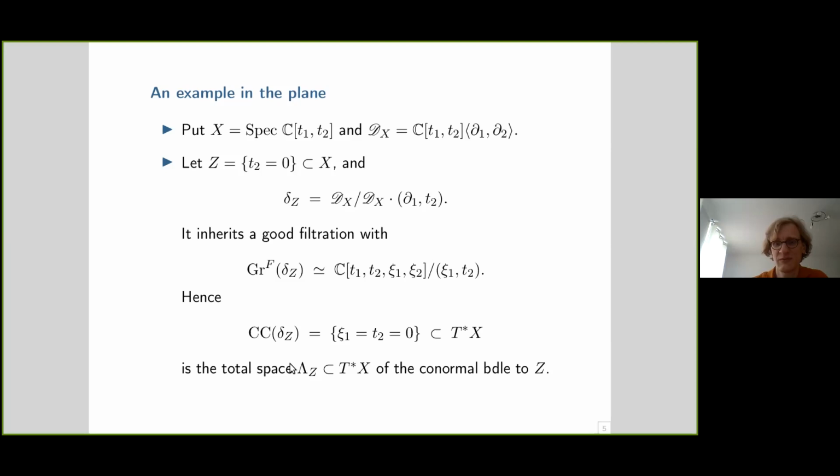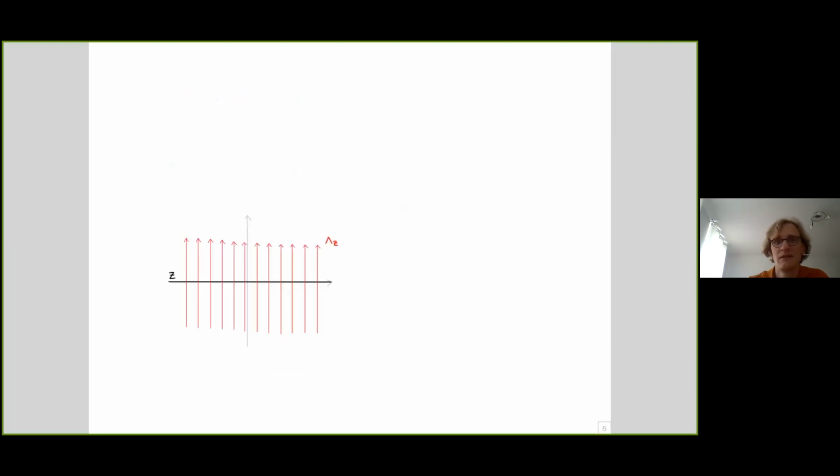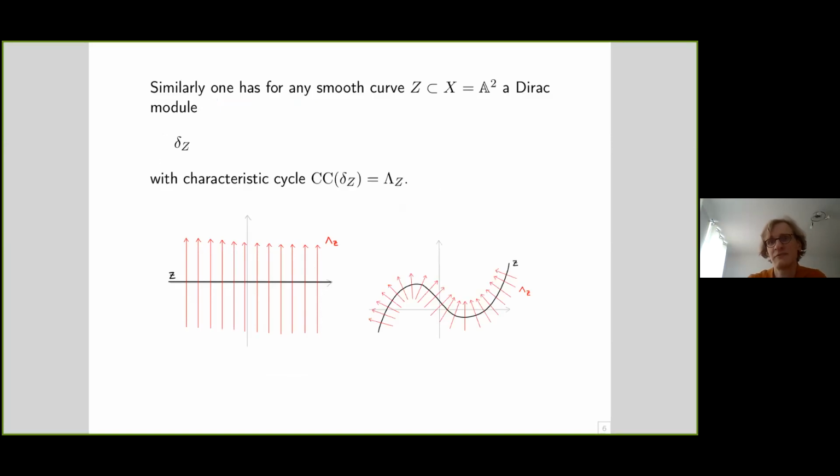And this total space of the conormal bundle to Z I denote by lambda Z. So here's a cartoon, and of course, once you know it in this case, you can do it locally for any smooth curve in the plane, for instance. You can define similarly a D module supported on that curve, and its characteristic cycle is precisely this conormal bundle to the curve. I mean, you just mod out the local equation and the tangent vector field.